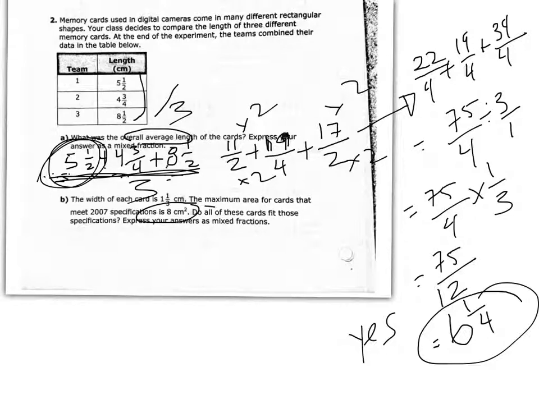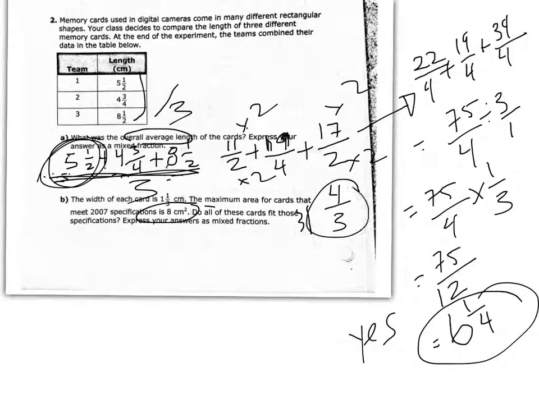So let's look at the first card. Again, because I've already found the mixed number, I'm just going to use the mixed number because I have to do that anyways. And also, what I want to do here is find what the mixed number is for 1 1/3. So 1 times 3 is 3 plus 1 is 4 over 3.